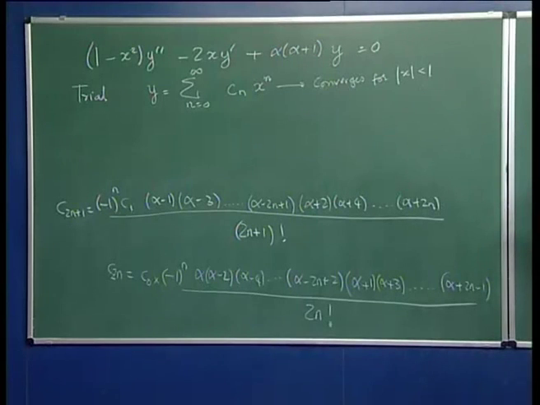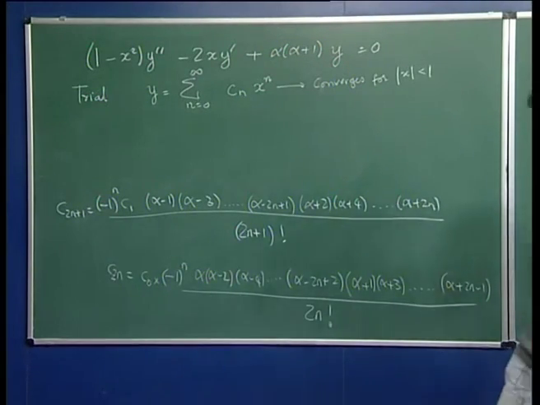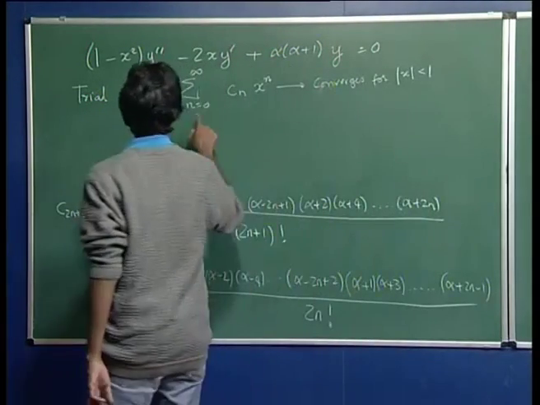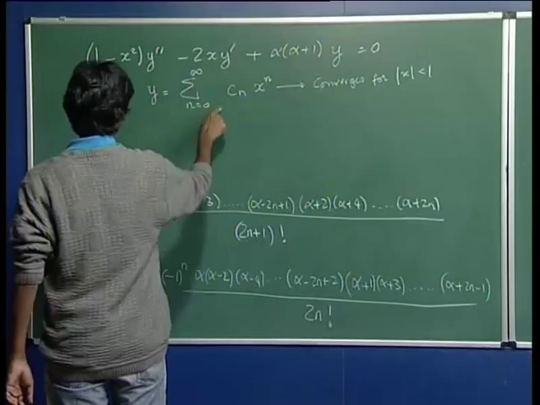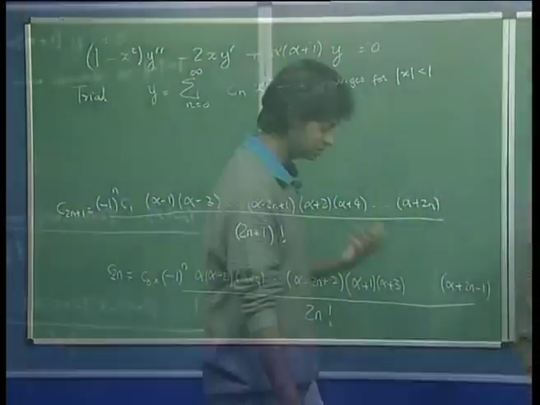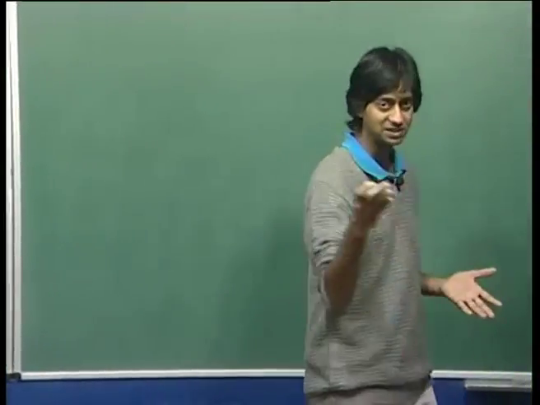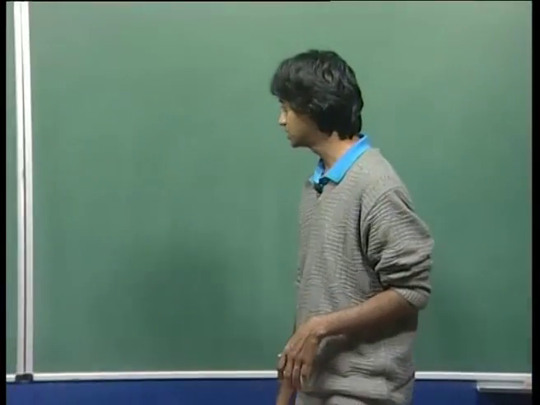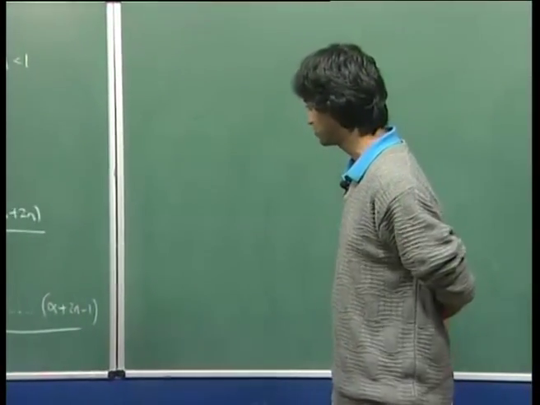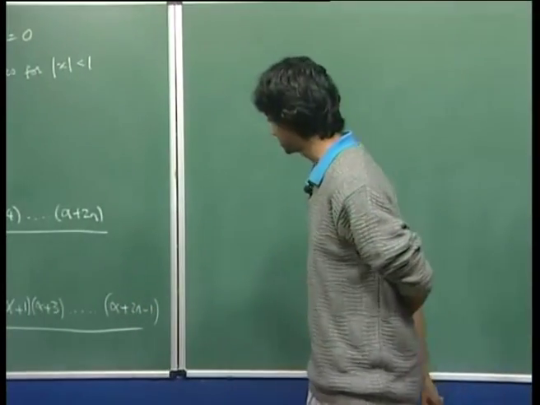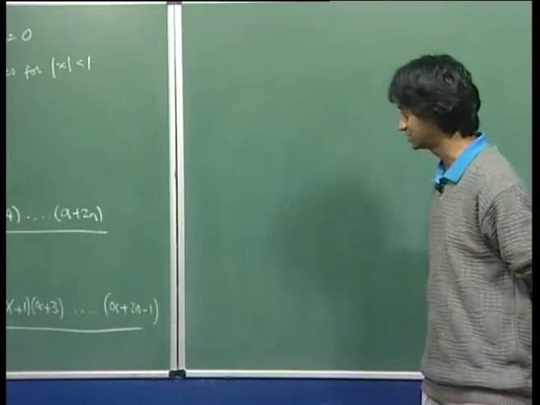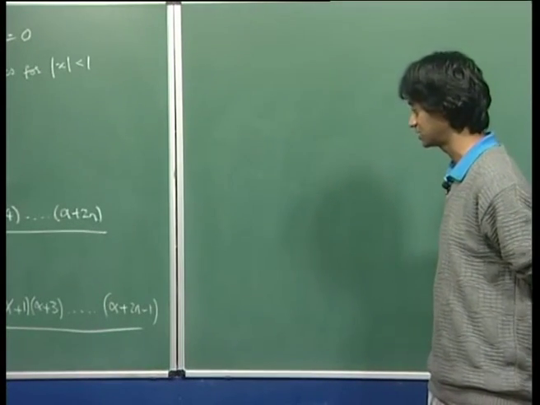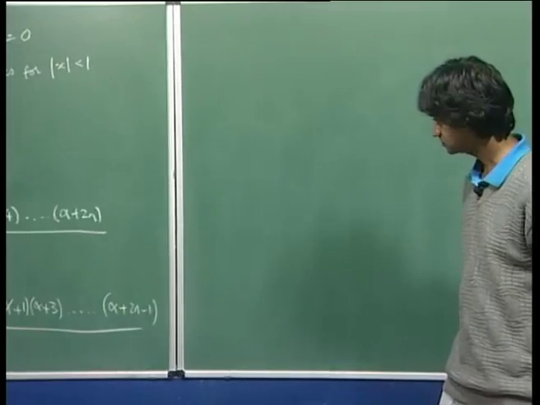So, the point is, this series converges for the absolute value of x less than 1. Now, when x is equal to 1, this series becomes the sum over n equal to 0 to infinity of C n, and it has infinitely many terms. Depending on the value of alpha, there are either infinite terms or a finite number of terms.